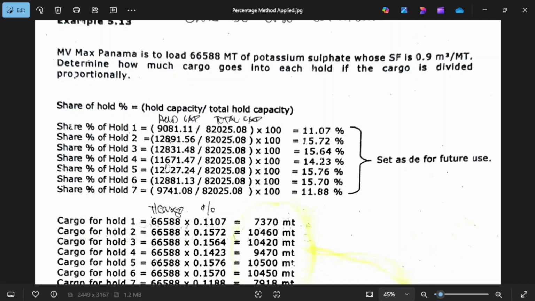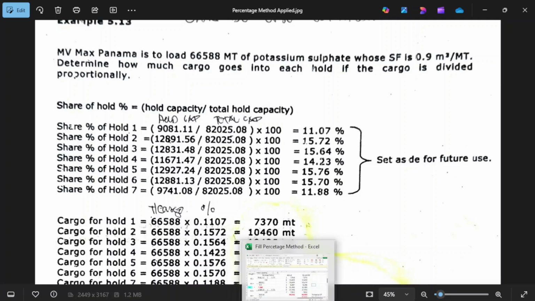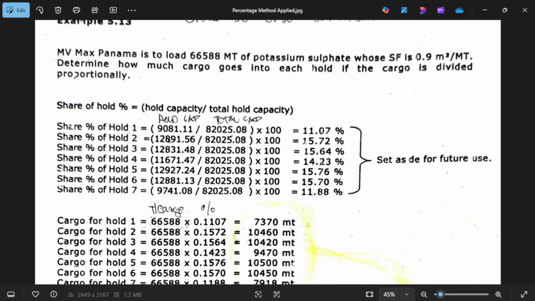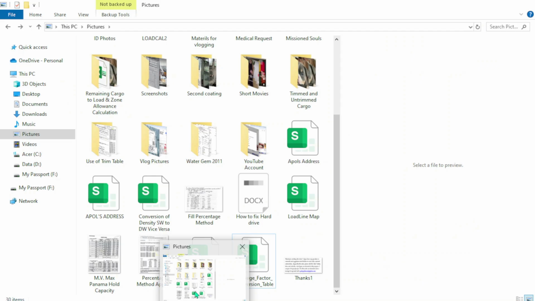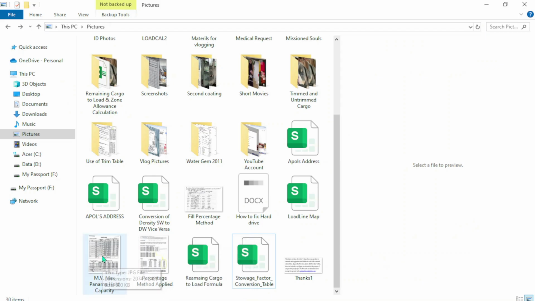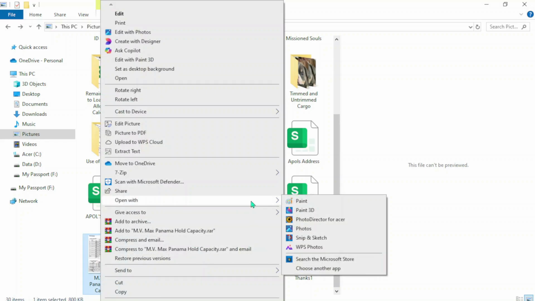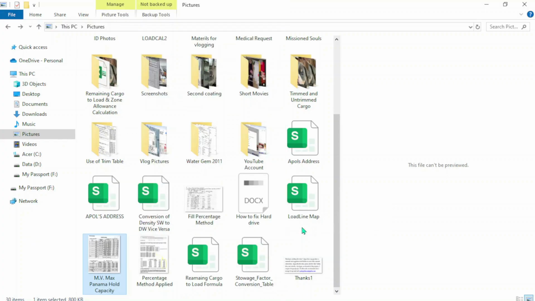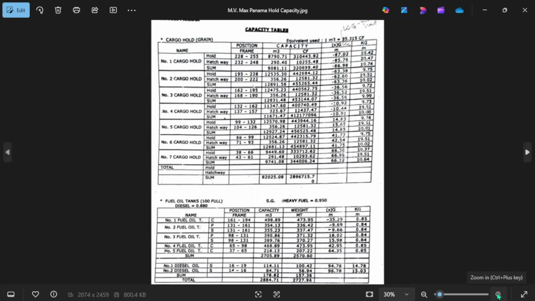So let's check the hold capacity of MV Panama. Okay guys, I have to take out again the hold capacity of Panama. Okay, make this a little bigger.